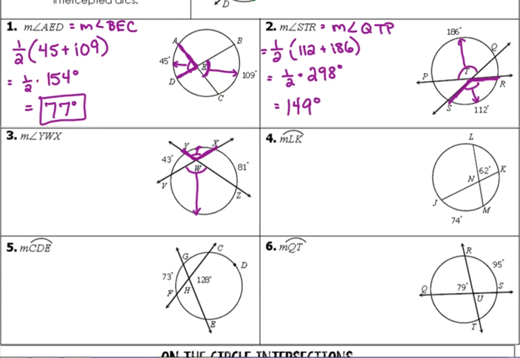We're going to have to find YWV or XWZ, whichever way we want to look at it. So 1/2 of what they did give us, 43 plus 81, is 1/2 of 124, which is 62 degrees.